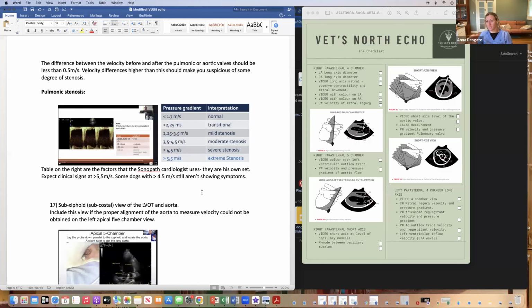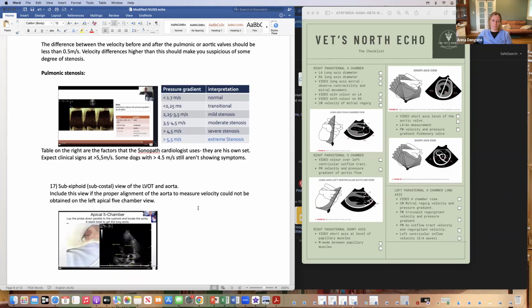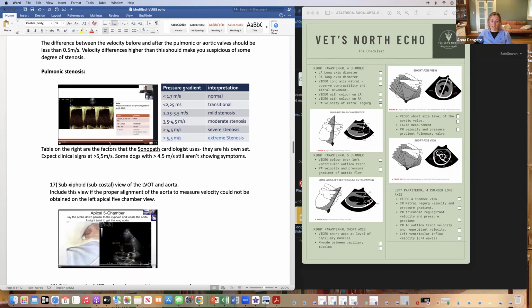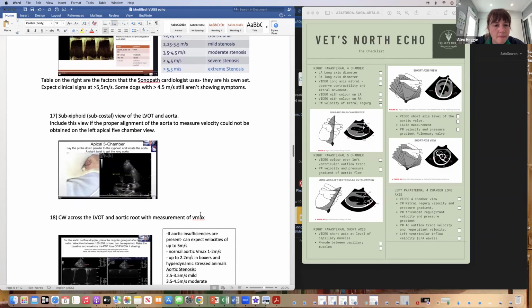It's still significant, obviously, and we should note that in growing animals the velocity can change, and it's worth rechecking for ventricular remodeling and stuff like that. But yes, as Jane's mentioned here, some dogs will be greater than 4.5 and be completely clinically normal lifelong. Wow.